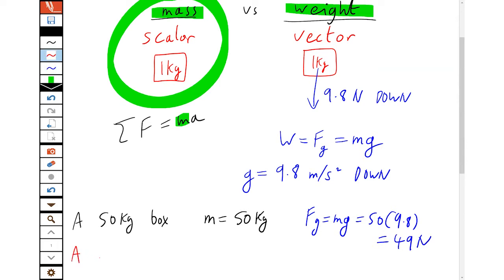But if a problem says a 600 Newton box, that's newtons, so that's already weight. So we know the weight. And if we wanted, we could then work out the mass by plugging in g and going through that there. So that's very common.